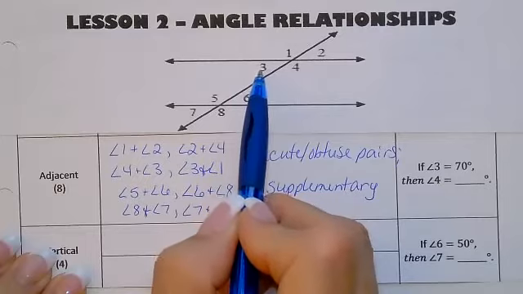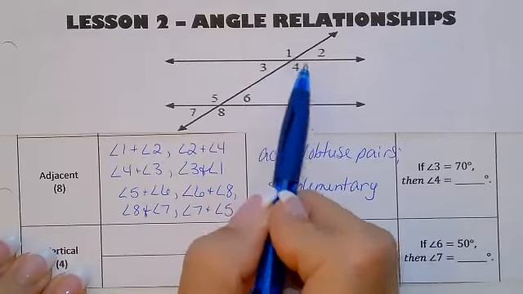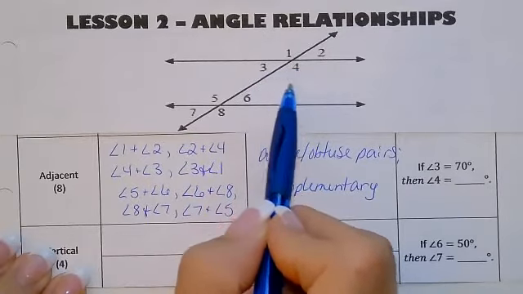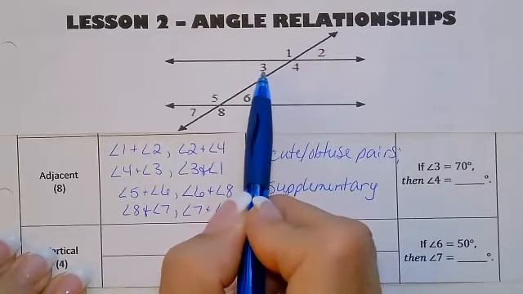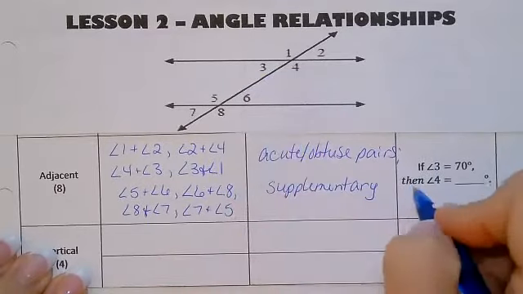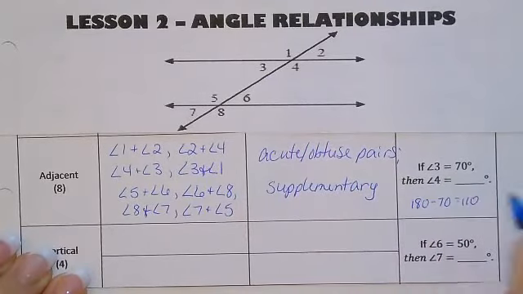So if I subtract 70, I'll have the remaining amount, which will equal angle 4. So 180 minus 70 equals 110. So angle 4 equals 110 degrees.